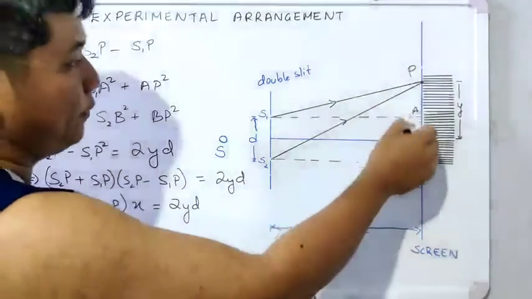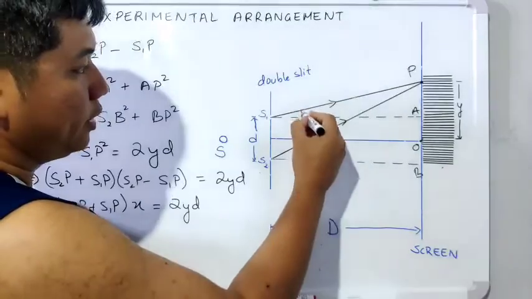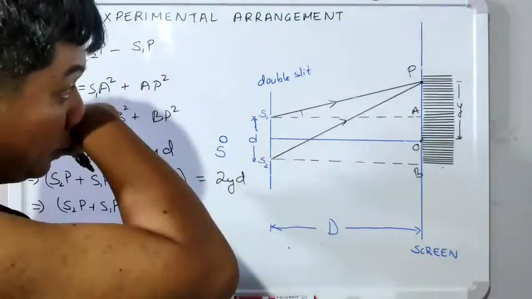Since the fringes are very small, these angles will be very small.